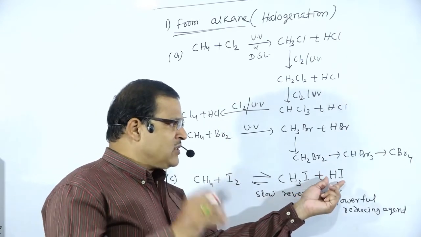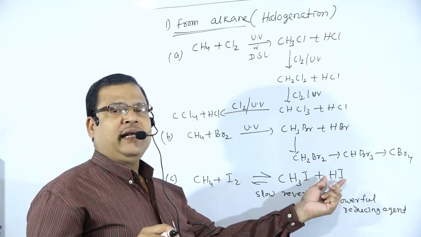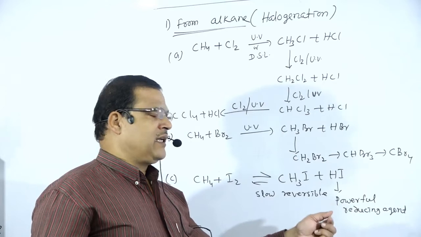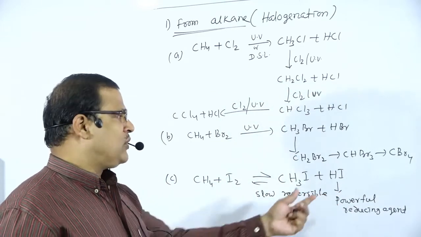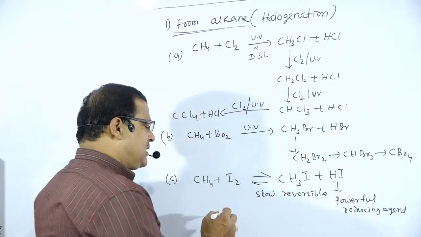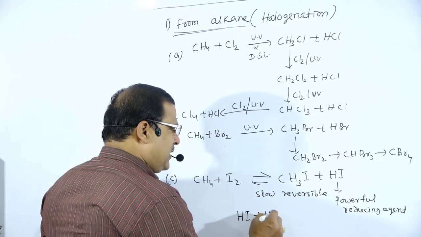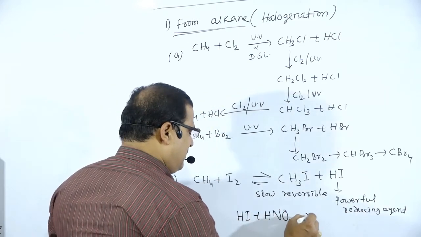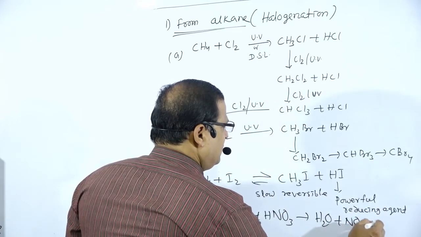Therefore we have to add a substance which will consume that HI. HI is a powerful reducing agent, so we add another oxidizing agent which will consume it. Just like nitric acid: HI plus HNO3 gives H2O plus NO2 plus I2.